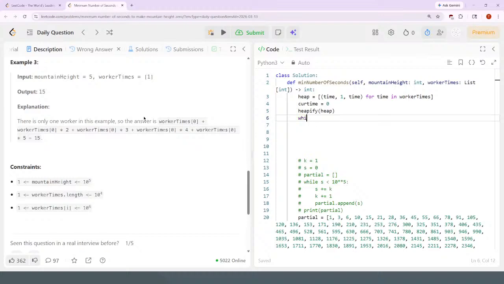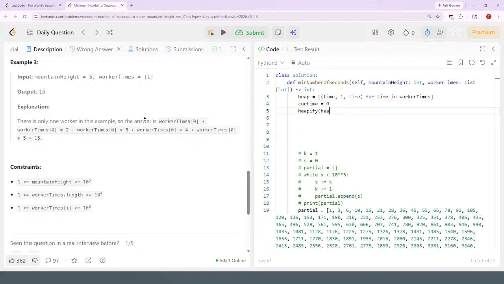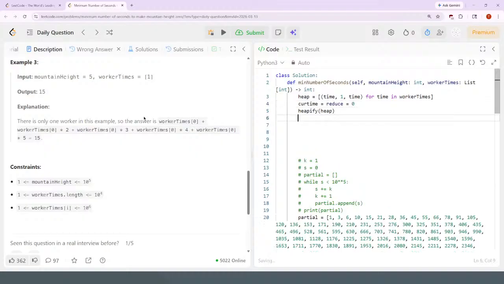While, say, the reduction is also 0, while the reduction is less than mountain height.